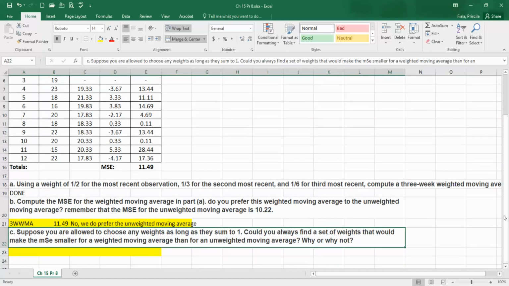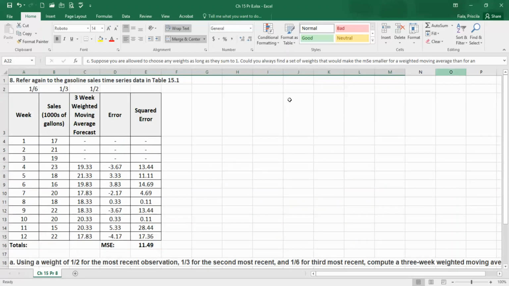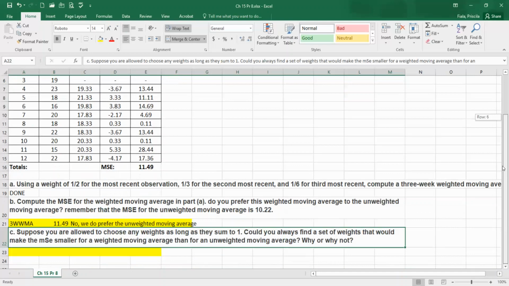Yes. Well, the only difference here, if you think about it, is that for the unweighted moving average, they are all equal. The values are all up to 100%, correct? For the weighted moving average, they're just using a portion of it. So if you modify these values, yes, definitely you could.